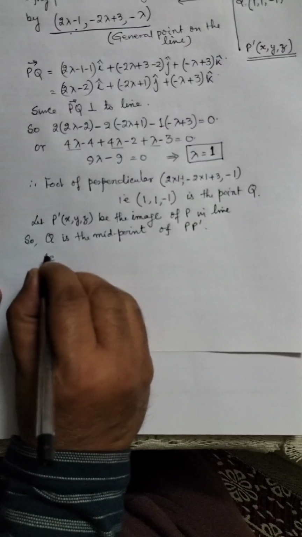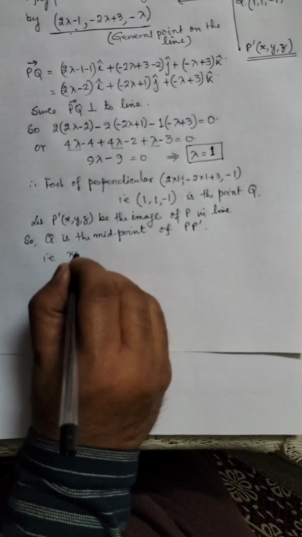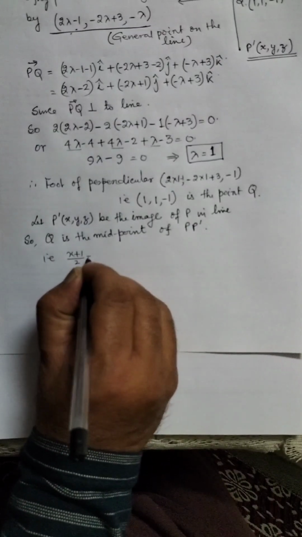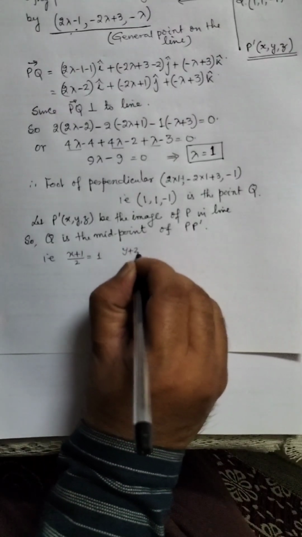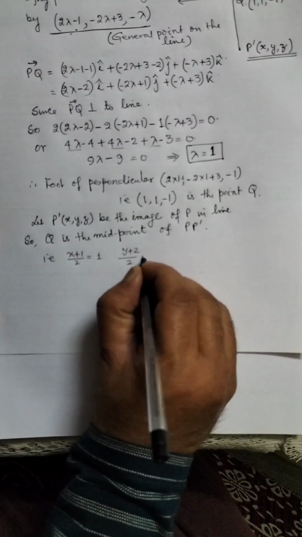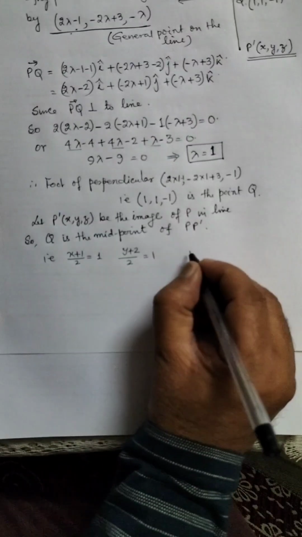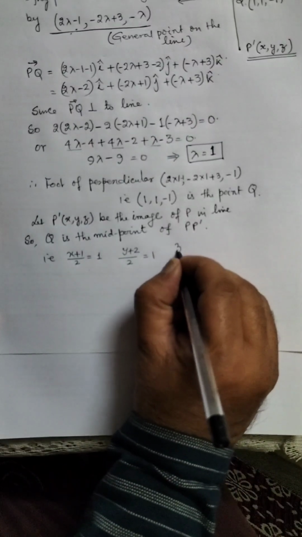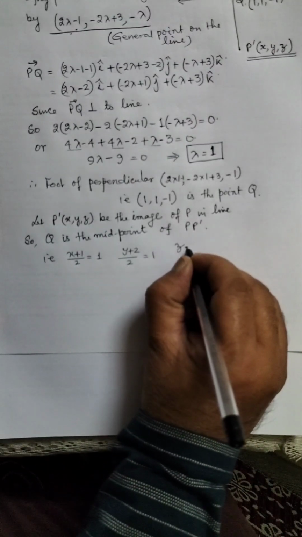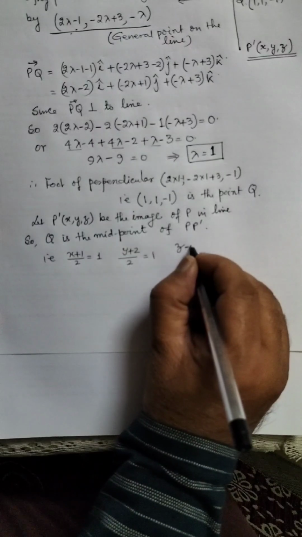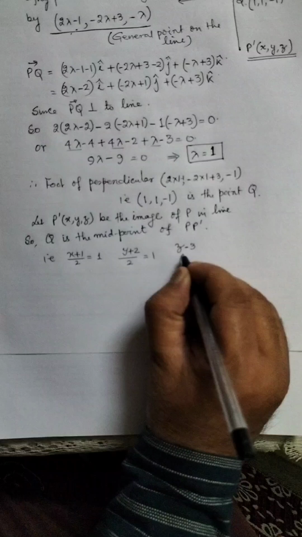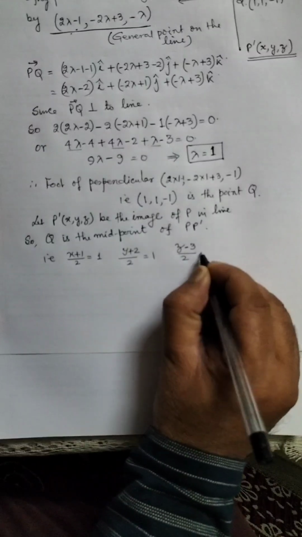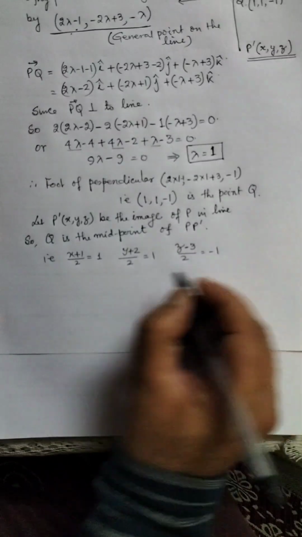that is (x + 1)/2 = 1 and (y + 2)/2 = 1 and (z - 3)/2 = -1.